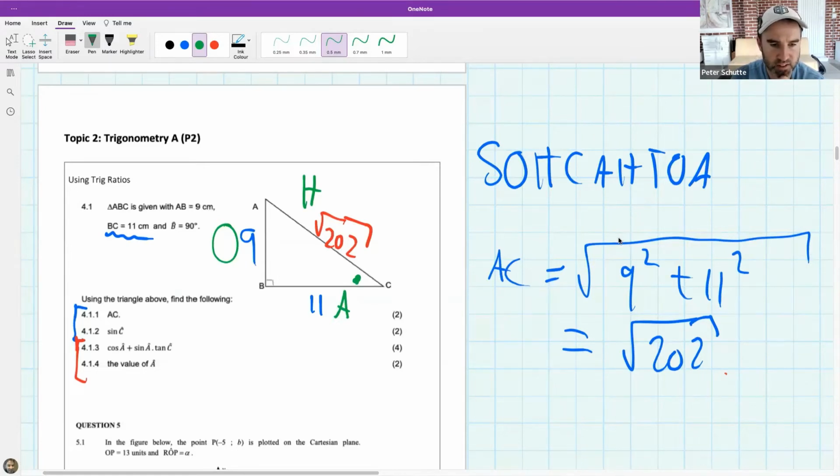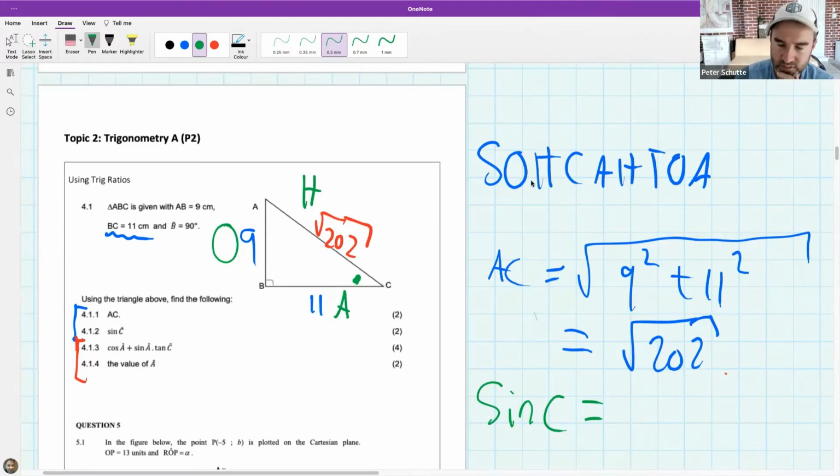So what is sine of C going to be equal to? I want to see a few more students answering in the chat about what they think the sine of C is.